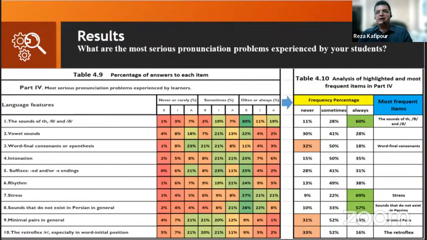And finally, the last question addressed the most serious pronunciation problems experienced by students and reported by instructors. This table summarizes the findings.